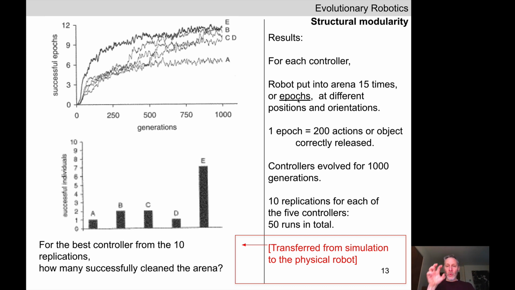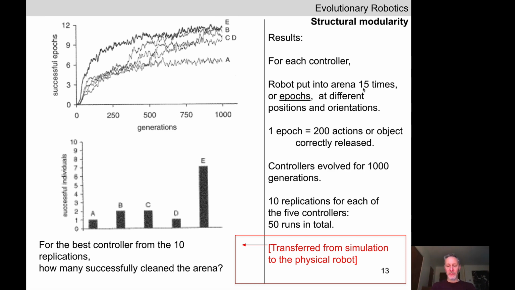If the robot had performed 200 actions or it had correctly released an object, they took that robot and put it in a random place in the arena and allowed it to do the same thing again, another epoch and another epoch, and they did that 15 times.